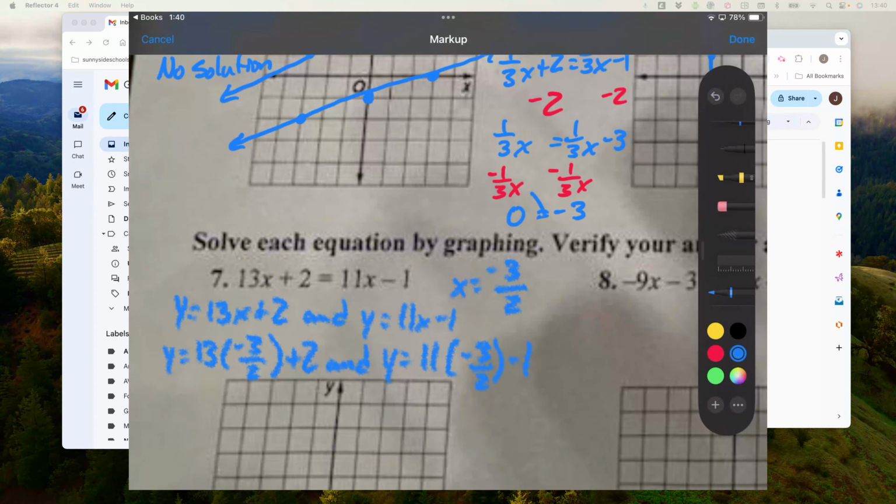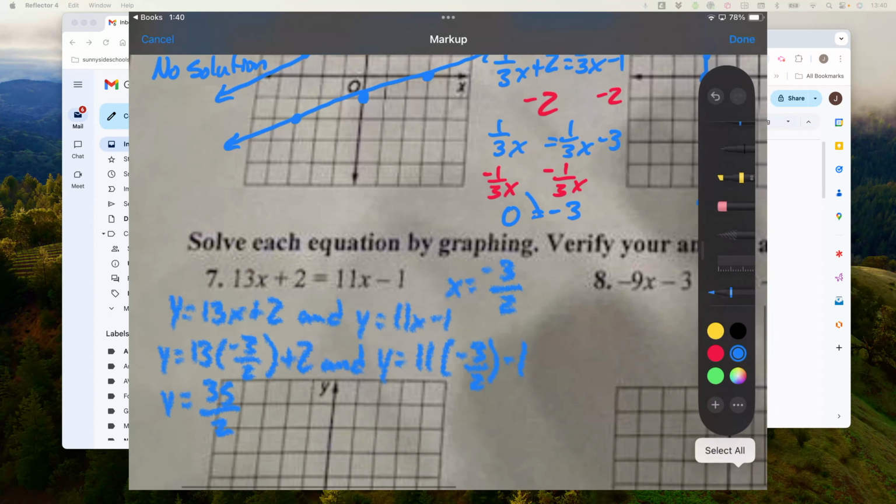If I were to give that to a calculator, I would get y equals negative 35 over 2. And the same thing would happen with the equation on the right. If I gave that to a calculator, I would get y equals negative 35 over 2.